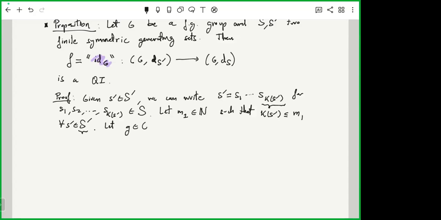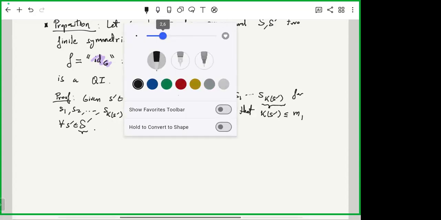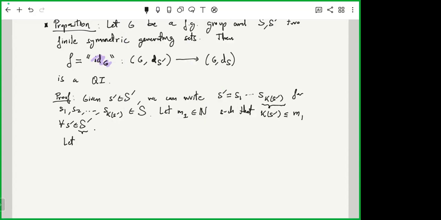Now let g be any arbitrary element in the group. Consider k to be the distance from the identity to g in S prime.